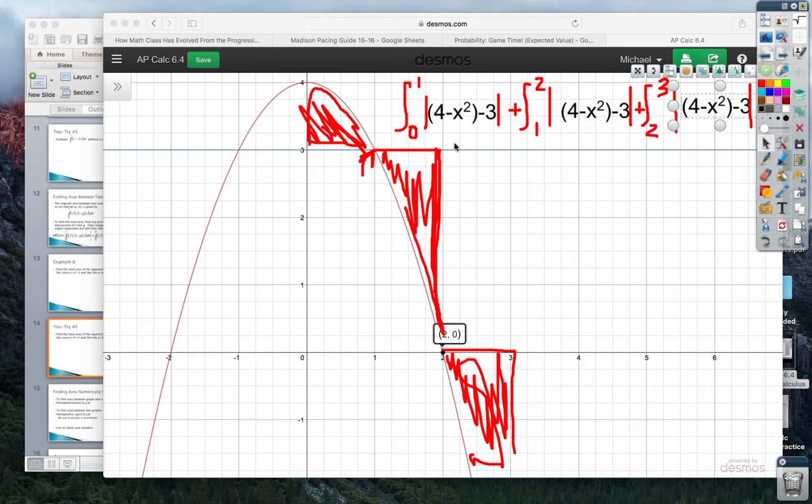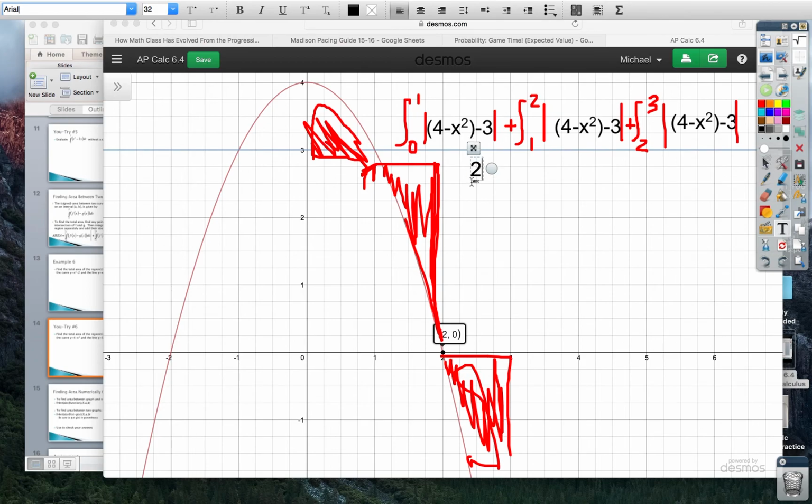So when we do the integration here, we're going to end up with 2/3 plus the second one's going to be 4/3, and the last one's going to be 16/3, and our final answer is going to be equal to 22/3.